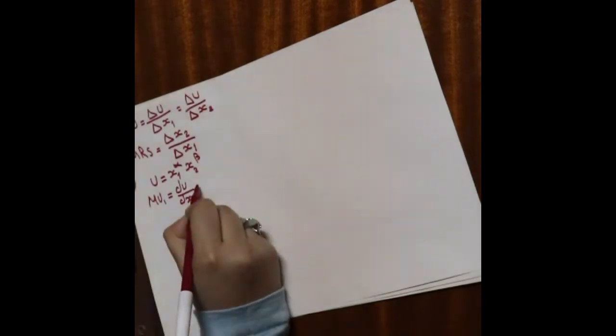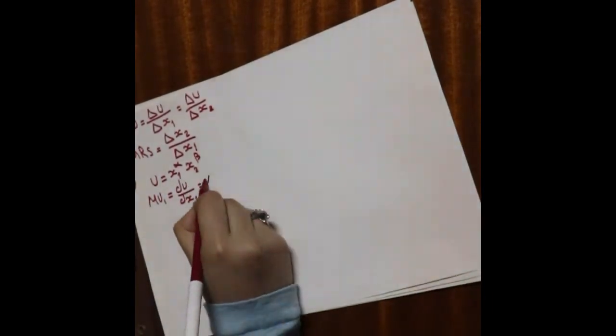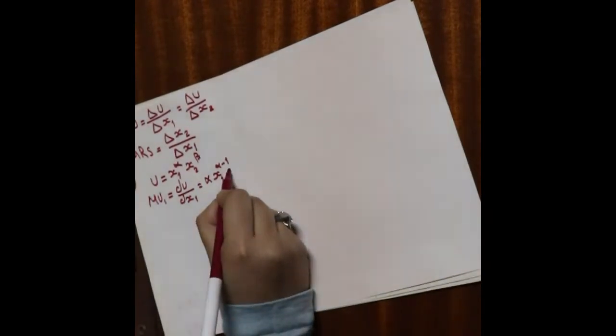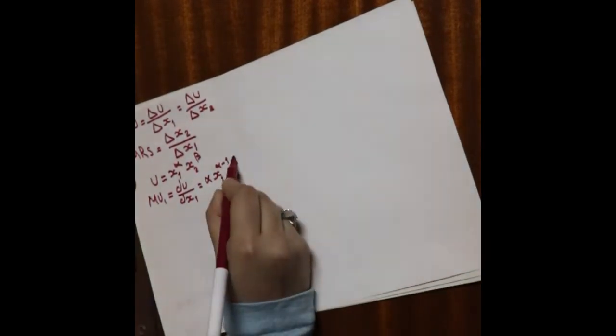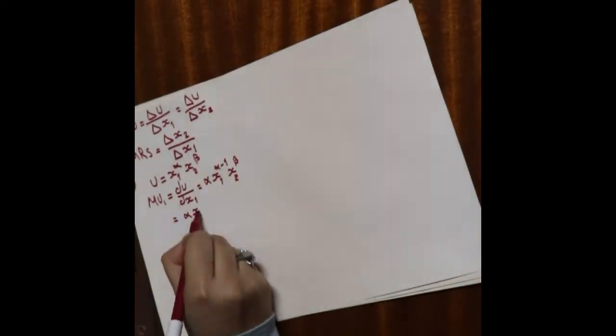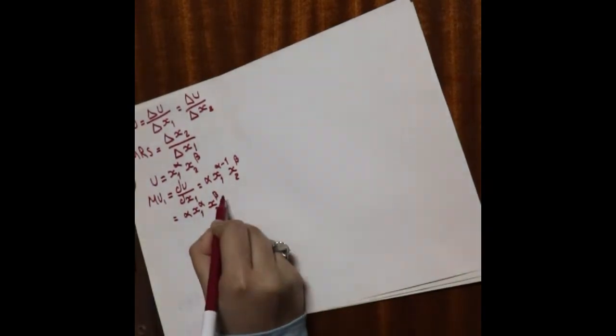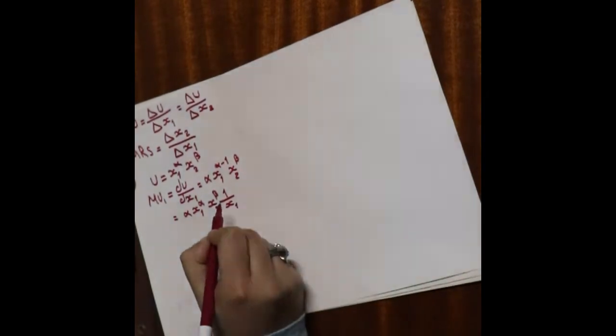So for x1, MU1, marginal utility, equal delta U over delta x1 equal alpha x1 power alpha minus 1 multiplied by x2 power beta, equal alpha x1 power alpha multiplied by x2 power beta multiplied by 1 over x1.